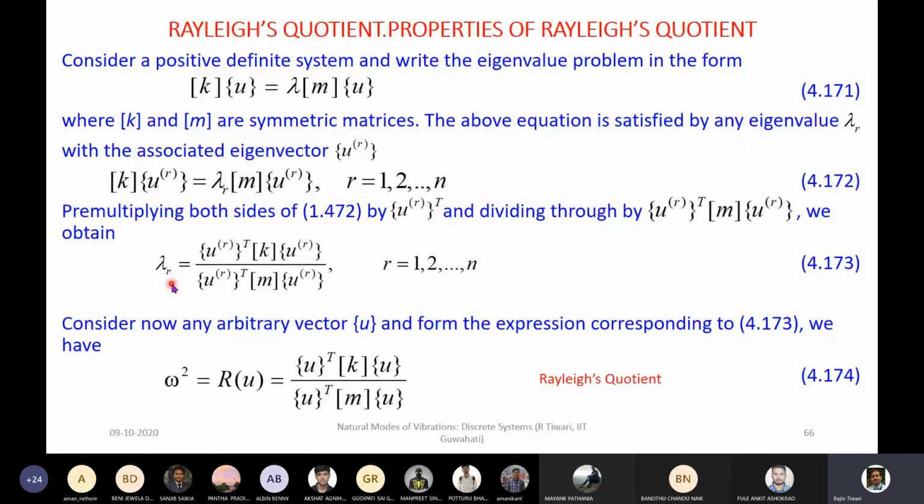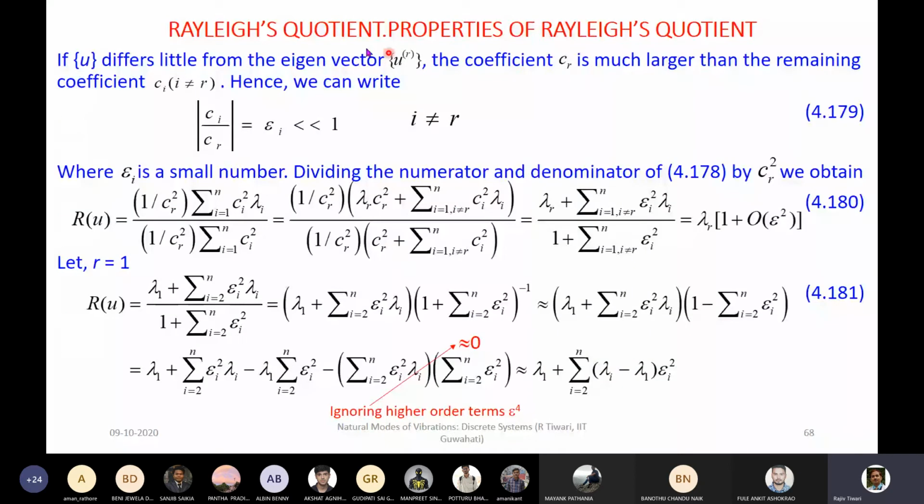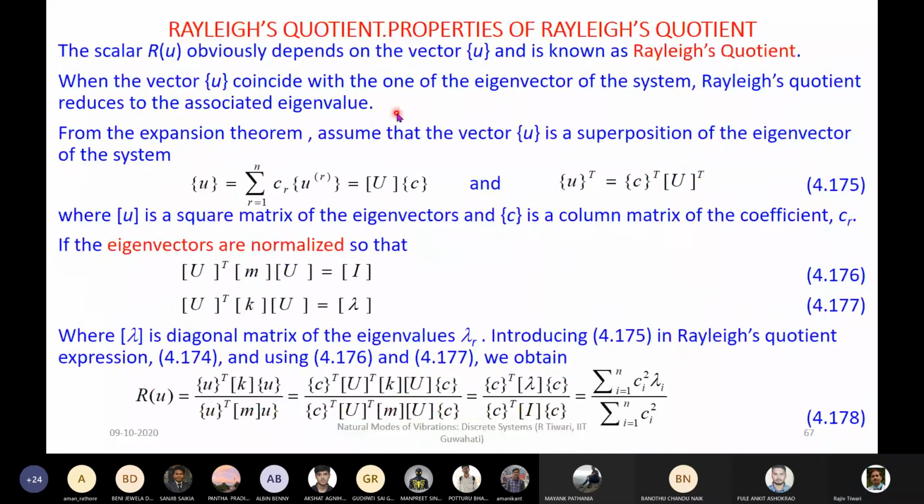So here we say u we have chosen is very close to u_r. If you see here, the C's are multiplied by the lambda, so C_r square lambda_r will be there.